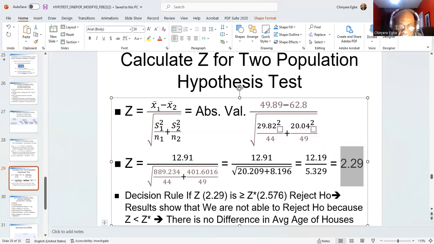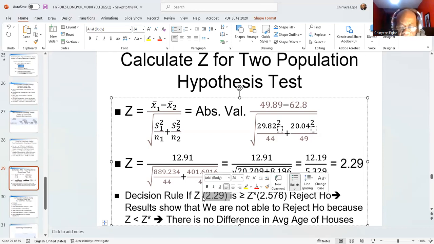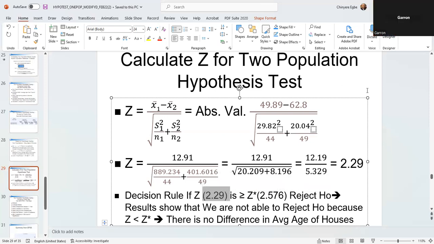And our results show what? Is the calculated Z greater than the critical Z? No. The calculated Z is less than the critical Z. Therefore, we are not able to reject the null hypothesis.